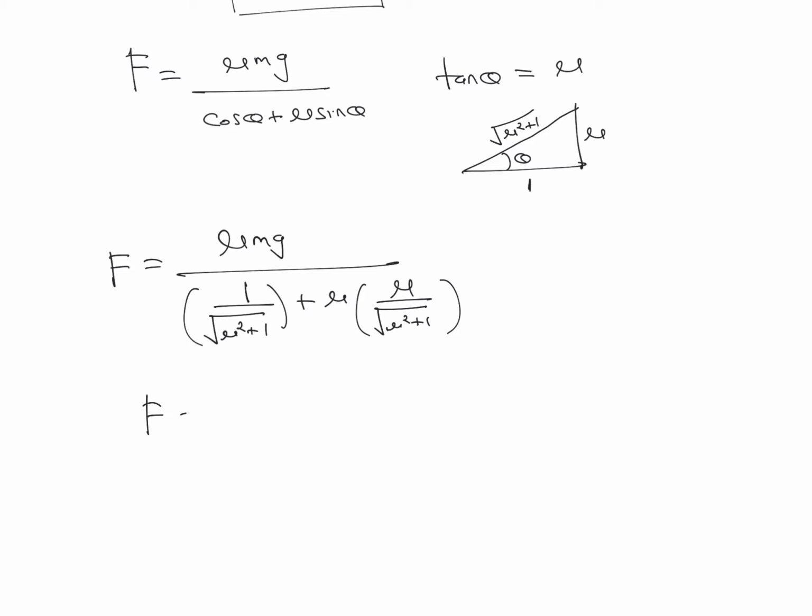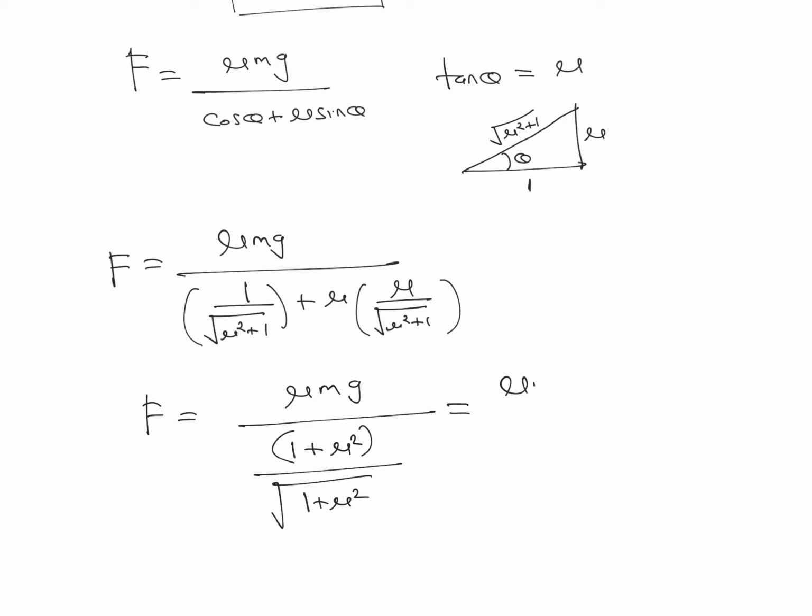So you can write f as mu mg divided by this, and if we take the LCM, we get 1 plus mu square divided by under root of 1 plus mu square. So we can cancel these terms, and we can write this as mu mg divided by under root of 1 plus mu square. So this will be the value of minimum force required to displace the object.